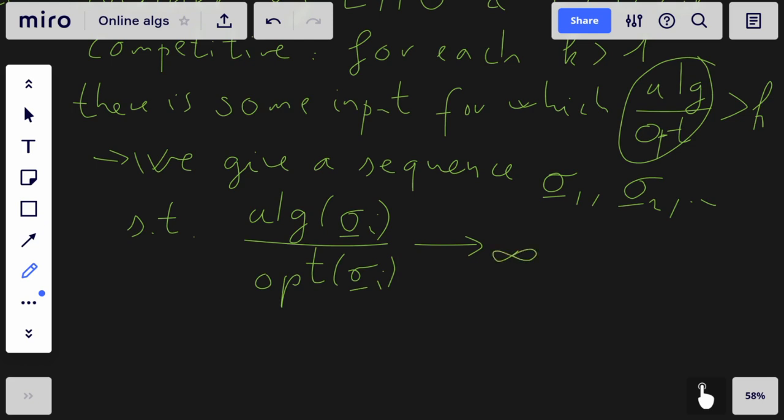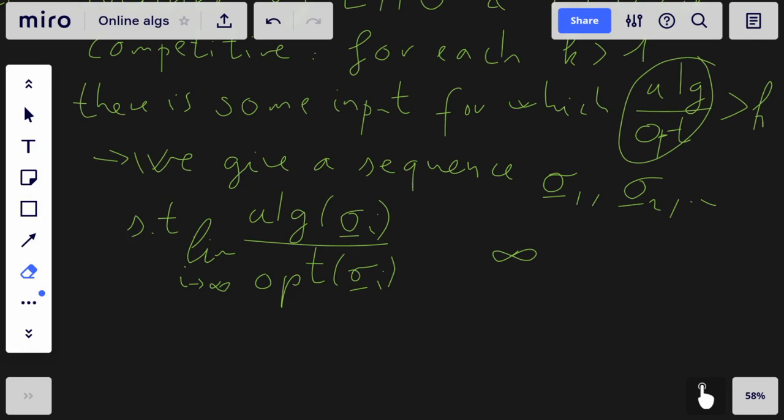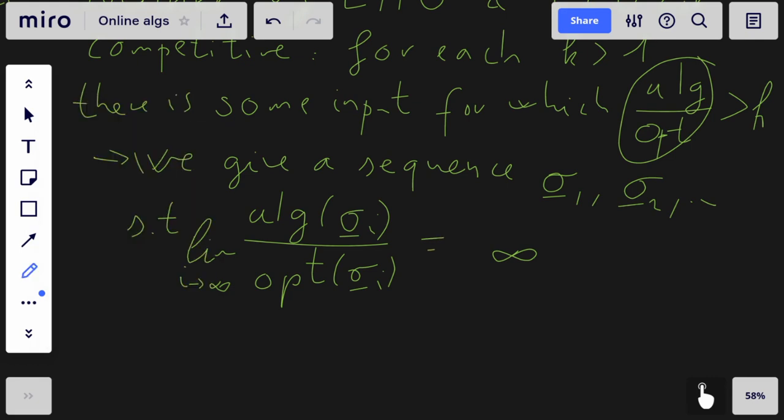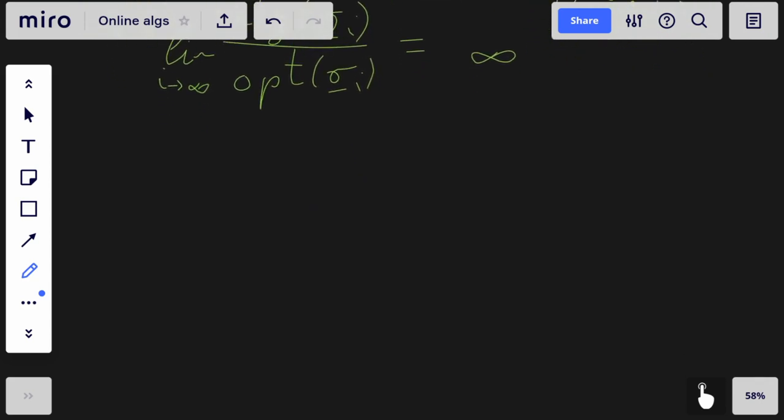If we just say the limit as i goes to infinity, this is of course wrong in the mathematical setting, so it's just an equality sign. So we are just giving worse and worse inputs in such a way that they can be arbitrarily worse. So first let's deal with the LIFO because it's easier.